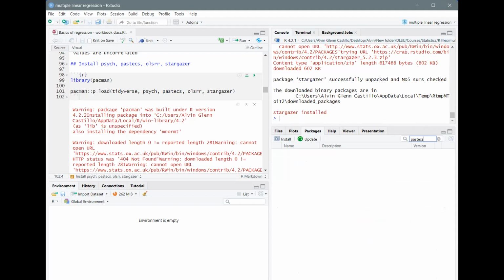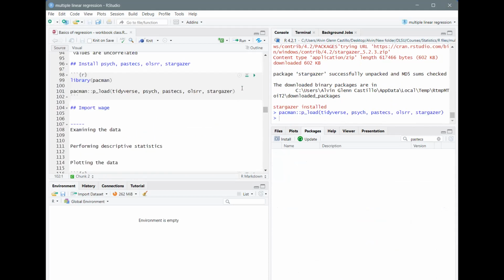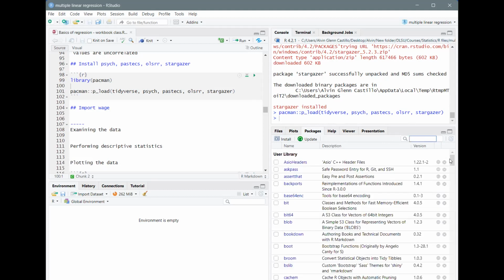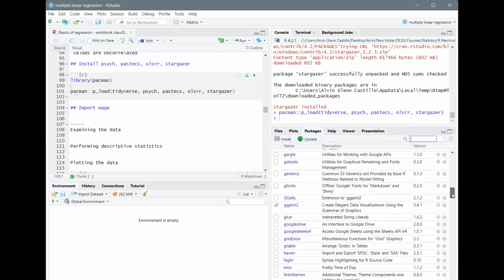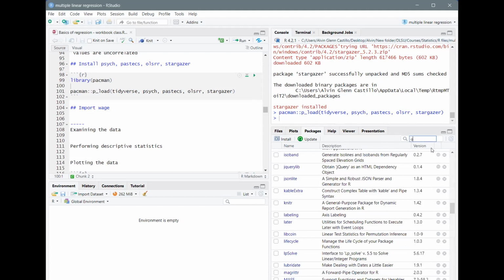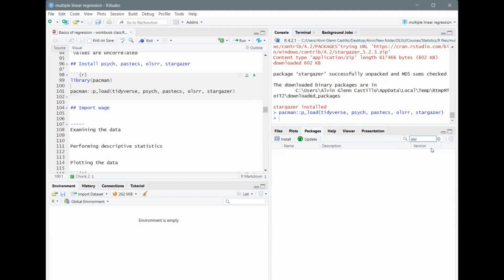Sige nga, ulitin nga natin. I-run mo nga lang yung Pacman. Control enter mo nga. Sige, then okay na siya. Balik nga sa packages. OLSRR. Type mo lang O. Sige, O. Bakit kaya? Ba't kaya wala, no?